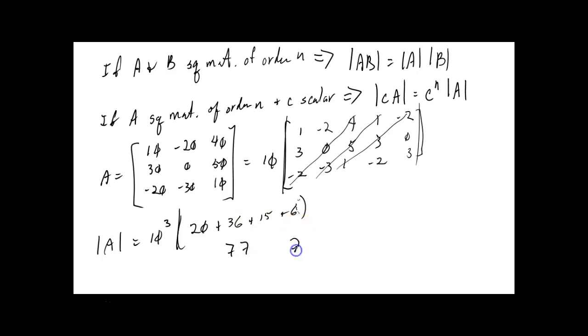So this would be 77,000. A nice round number, right? Except I must have blown it, because something's not coming out right. What's that?